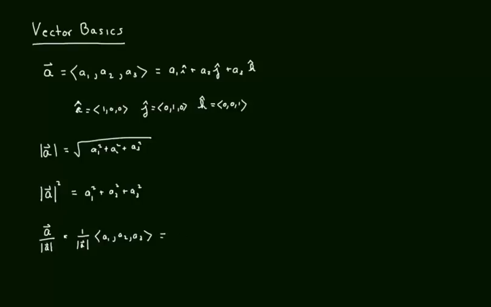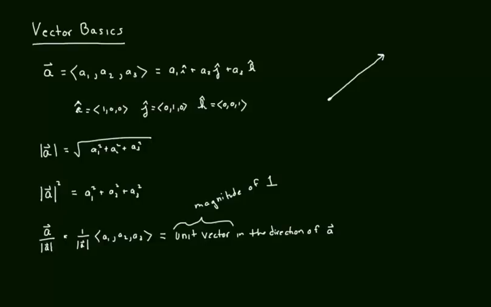This is going to give us the unit vector in the direction of A. And by unit vector, that means it has a magnitude or distance of 1. So we had a vector out here, and it went from here to here. This is in three-dimensional space, and I wanted the vector in the same direction, but with a magnitude of 1. Then that would be this expression right here.